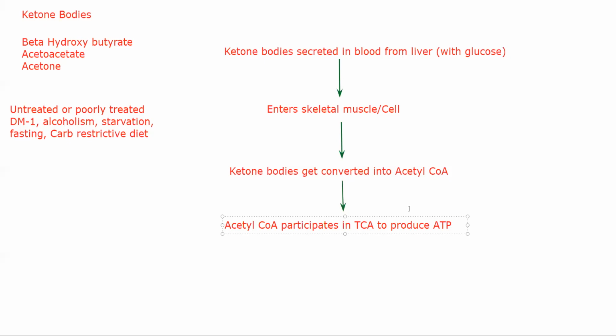This is a detrimental state. This is a state in which the person is already in starvation, or they are in ketoacidosis because of an abnormal condition like diabetes or starvation or alcoholism or a carb restrictive diet. This is not something that your body can sustain, and it will have a lot of repercussions down the line. That is why ketoacidosis is a complication of diabetes.